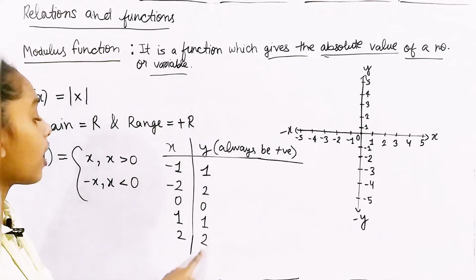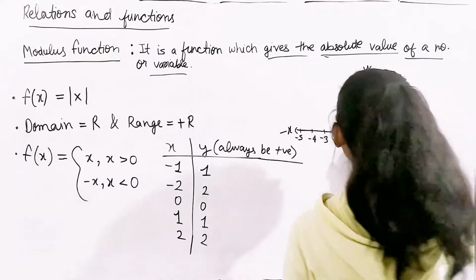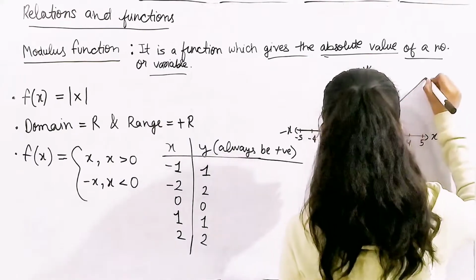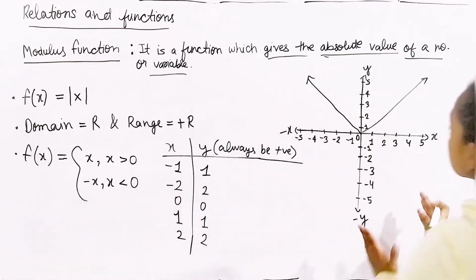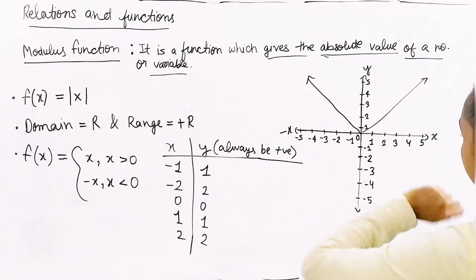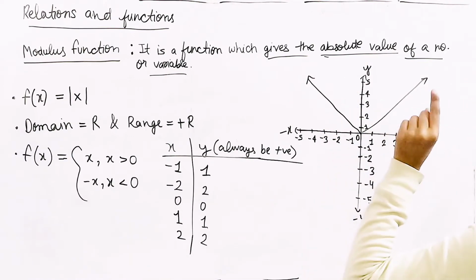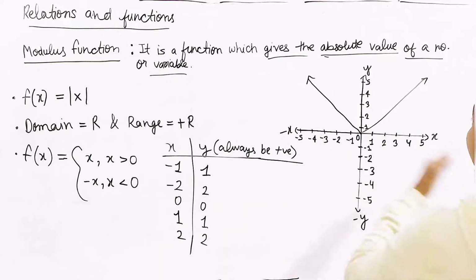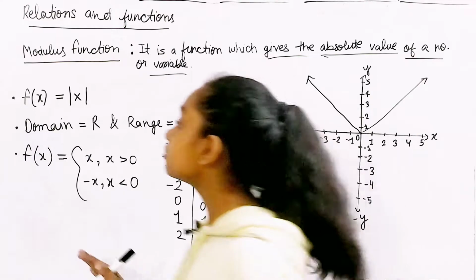In the graph form, it will be going like this way, these two lines. So the negative will also become positive. Is it clear to you?